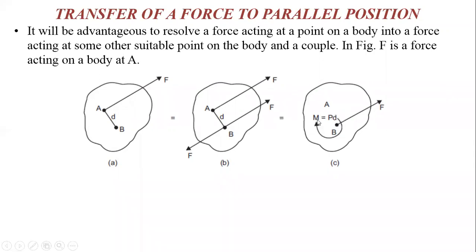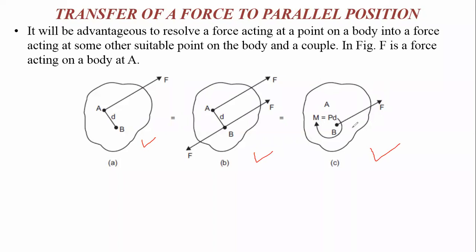This couple moment will be acting at point B, and as we know from the previous characteristics of a couple, you may transfer or shift this couple anywhere, and we are shifting this couple to point B. That's why it will produce the same effect as figure number 1, as well as figures number 2 and 3.